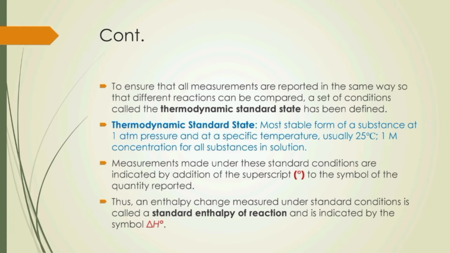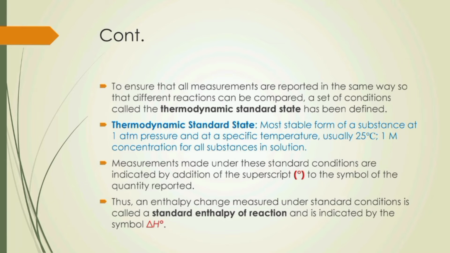When we take the measurements under these standard conditions, which are 25 degrees Celsius temperature and 1 atm pressure, you should always remember this. So when we take the measurements, we must use some symbol to report this. A subscript is used as an indication sign that the standard conditions are provided.